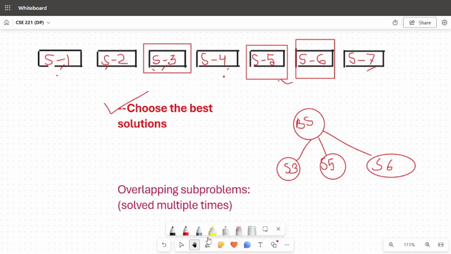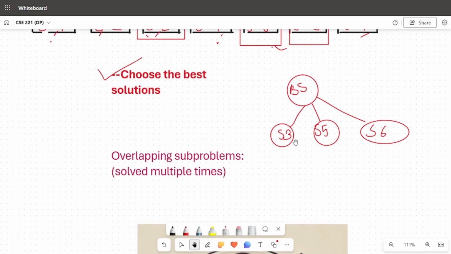Now suppose in some tree you got S6, then again S6.